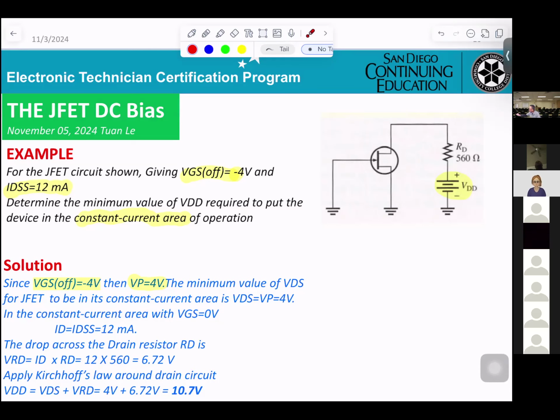That tells you the voltage VDD equals the voltage drop across RD plus the voltage drop across the device, VDS. That means 4 volt plus 6.72 volt. So they will require 10.7 volt for VDD.